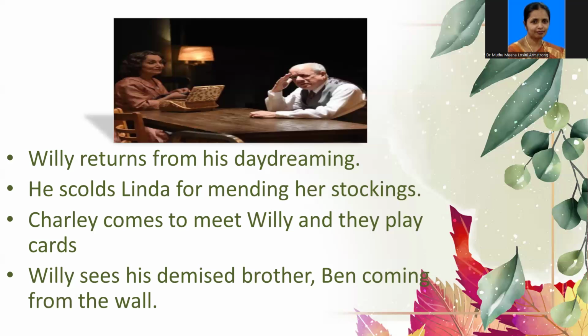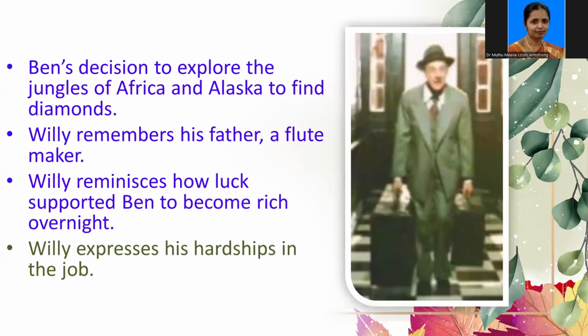Charlie comes to meet Willie, and they both play cards. At that time, Willie also sees his deceased brother, who was successful, and he imagines that the deceased brother has come from the wall and is interacting with him. And who was this Ben? Ben was a good decision maker, and he is known for his decisiveness.